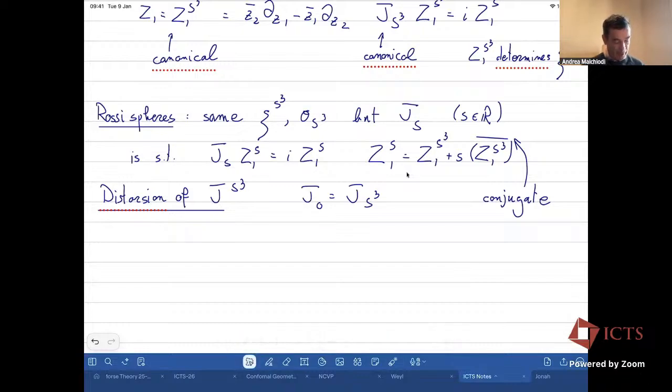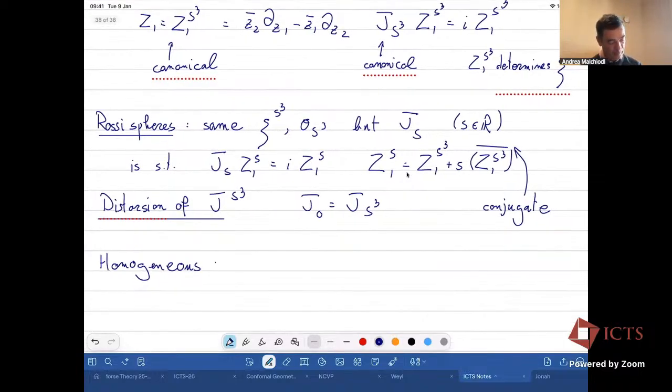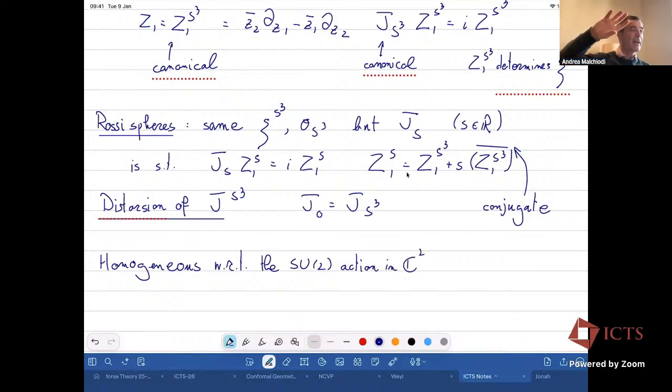These are actually homogeneous with respect to the SU2 action in C2. If you apply a linear map in SU2 in C2, then the Rossi spheres stay the same.